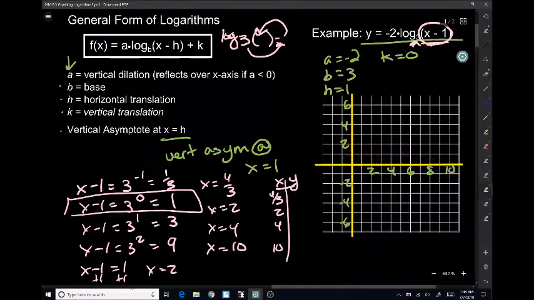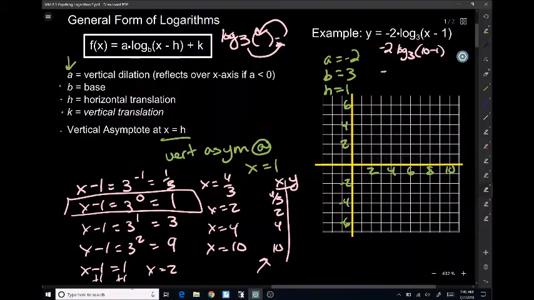Now I've got to go and evaluate to see what I get out for y when I plug these numbers in for x. So, let's start with 10. This will be, I think, one of the simpler ones. I'm going to plug a 10 in for x. That means I'm doing negative 2 times the log base 3 of 10 minus 1.